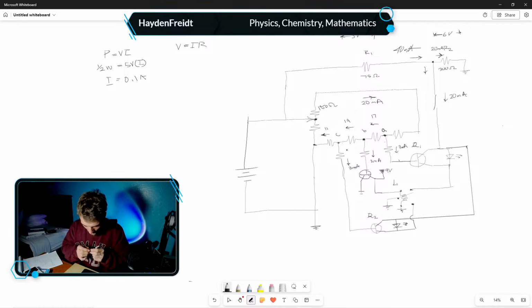But okay, what I need to see right now is what I get from the output of the potentiometer as I vary it in resistance, while it's supplied by a 9-volt battery.